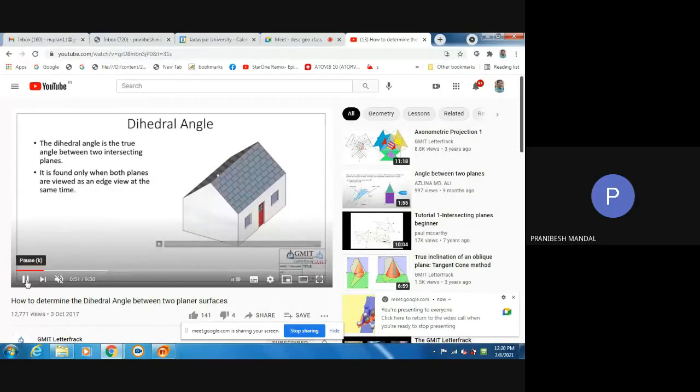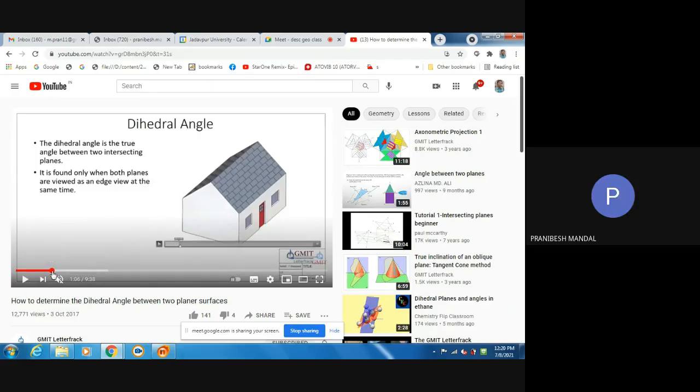See, these are two planes, right? And you need to know the dihedral angle between them, yes or no? Yes, sir. And obviously, if both are in edge view, then we will get the dihedral angle between them, right? Yes, sir. Okay.